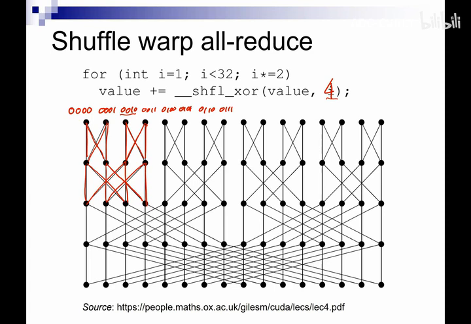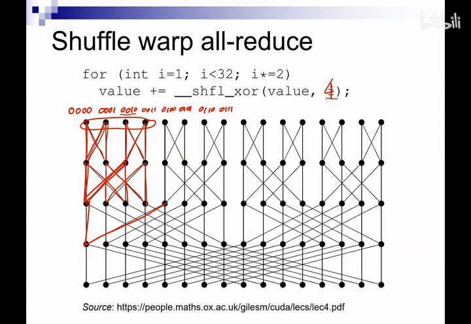If you do this all the way up to 16, then at the end, all the threads are going to end up with the sum of all the values. After you do one step, you've combined these two values, and these guys have combined these two values. Now when you do this, it ends up combining all 4 values.